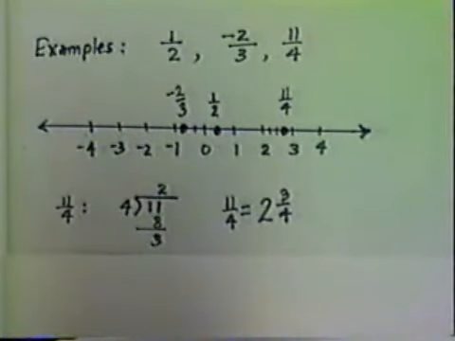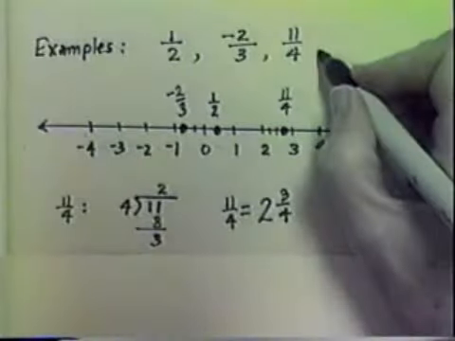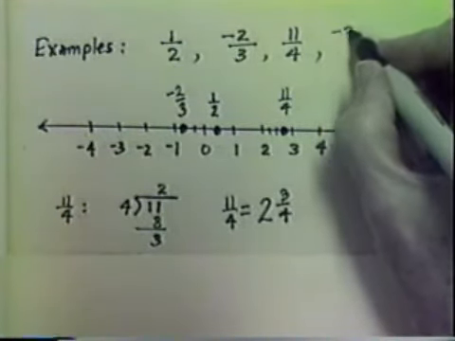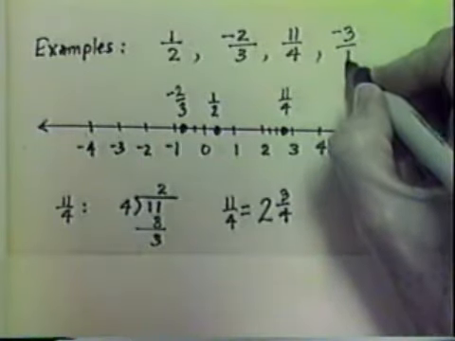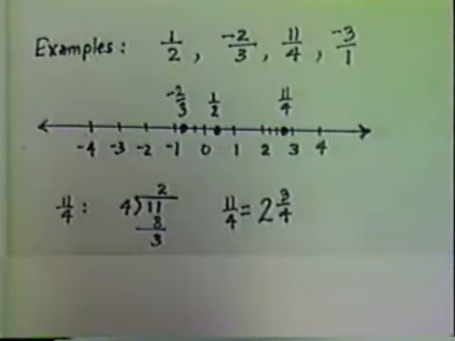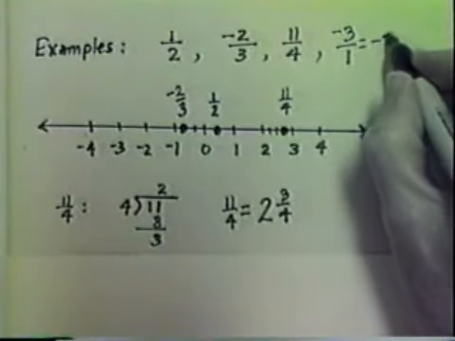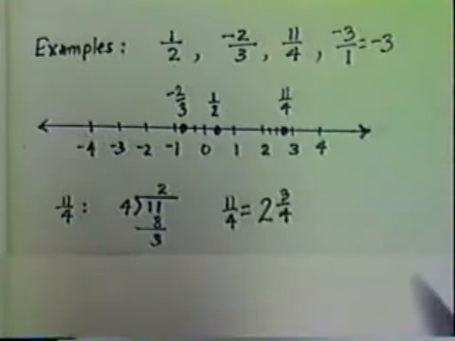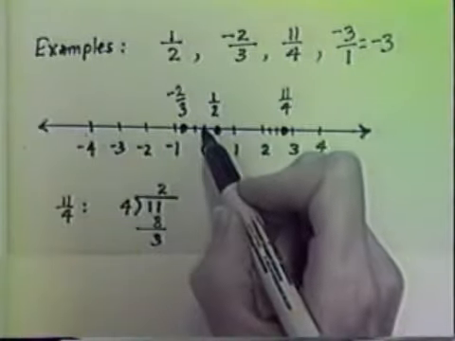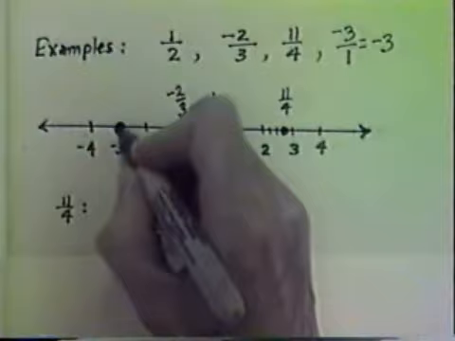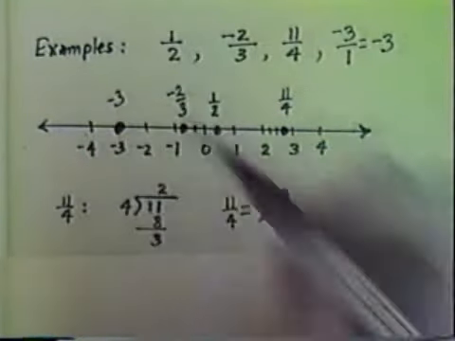Another example of a rational number is the rational number negative 3 over 1. Negative 3 over 1 is the same as negative 3, and so that means we can locate negative 3 on a number line in the place that it already occupies. There's negative 3.